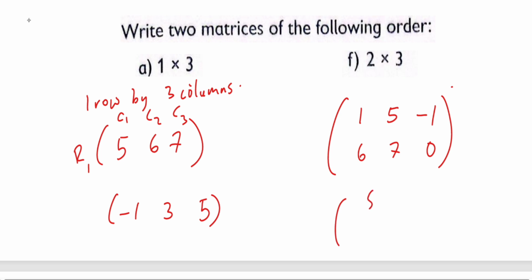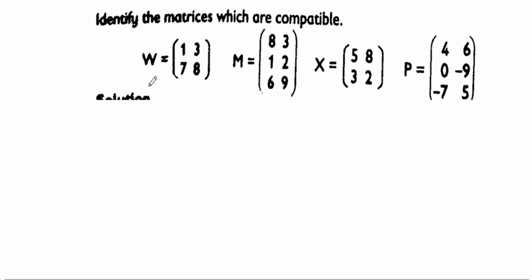Let's say 5, -1, 0, 0, 1, 5. Now identify the matrices which are compatible. We have W, we have M, we have X, we have P. Compatible matrices are matrices that have the same order.